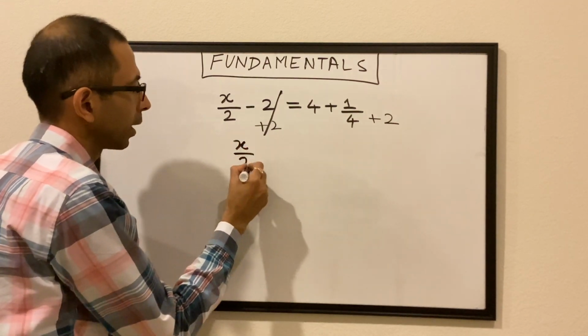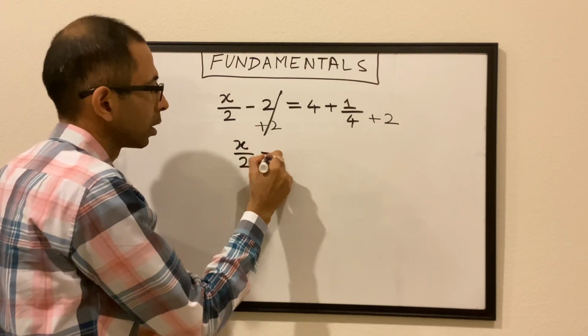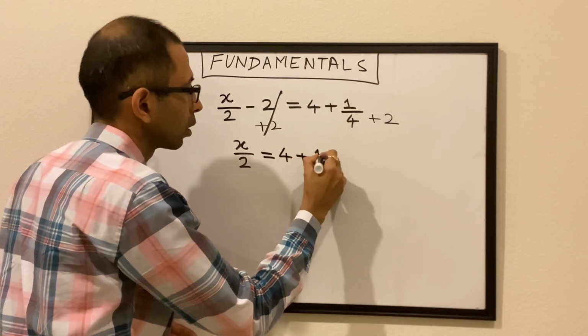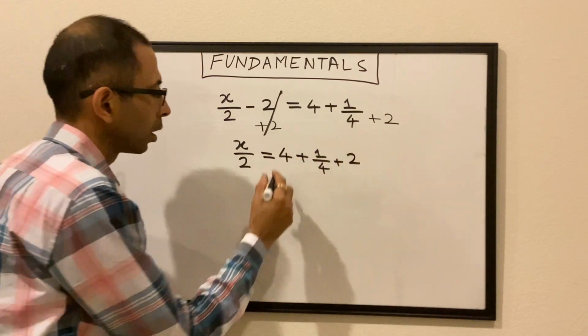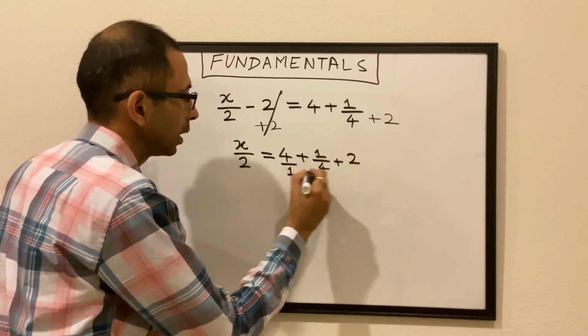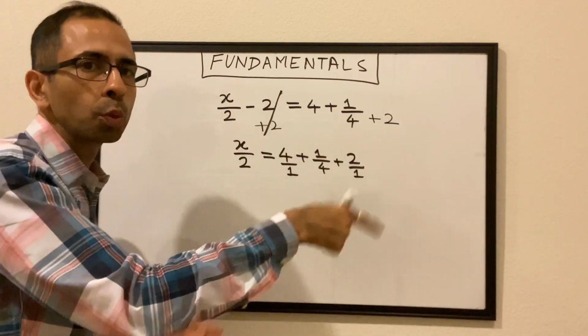So we get x over 2 on the left side because 2 minus 2 gets cancelled out, is equal to 4 plus 1 over 4 plus 2, right? Now these are all fractions, right? 4 is 4 over 1, 2 is 2 over 1. So we know how to add the fractions, right?